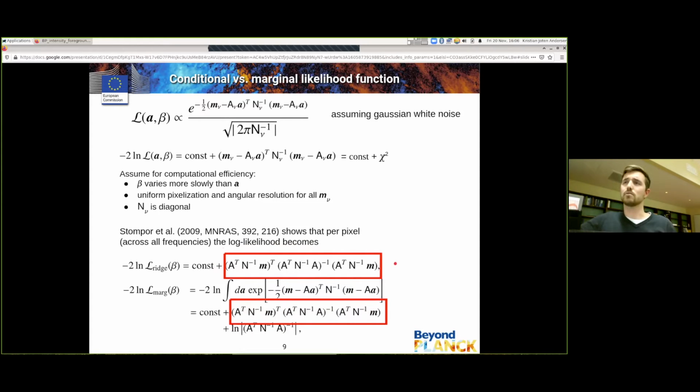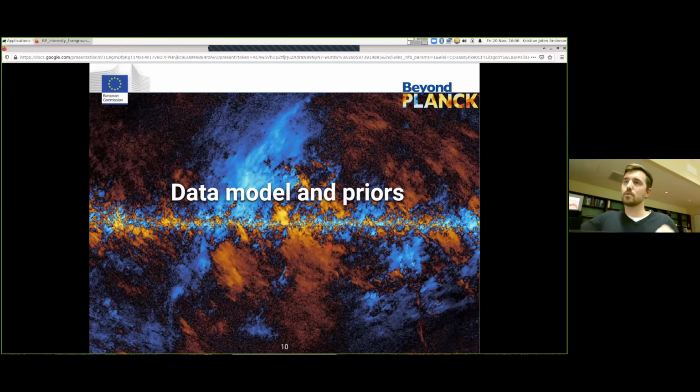The ridge likelihood function is as simple as the maximum conditional likelihood of the amplitude for any given beta. Knowing this marginal likelihood function, we can sample it in the same way as we sample the conditional in polarization, and we can solve for the amplitude with the same CG algorithm as we did for polarization as well.